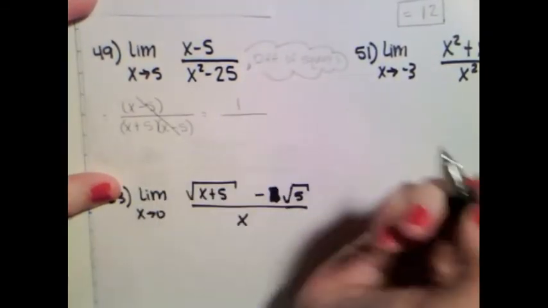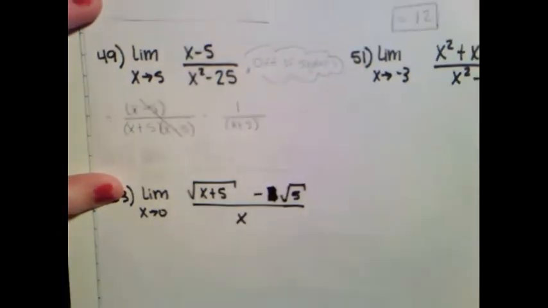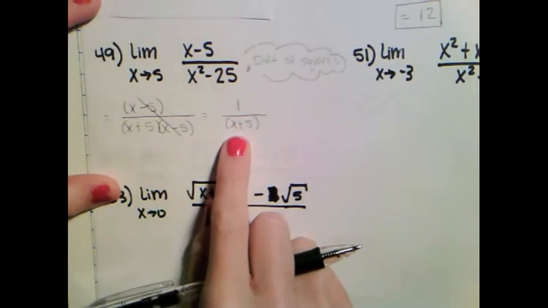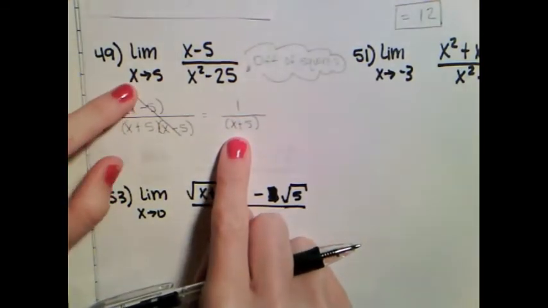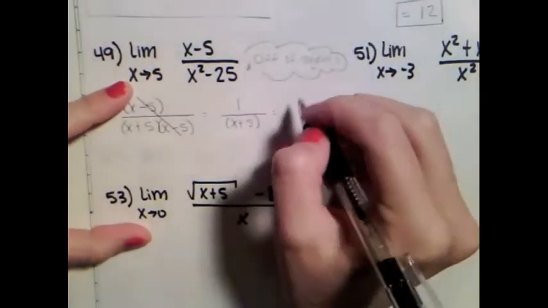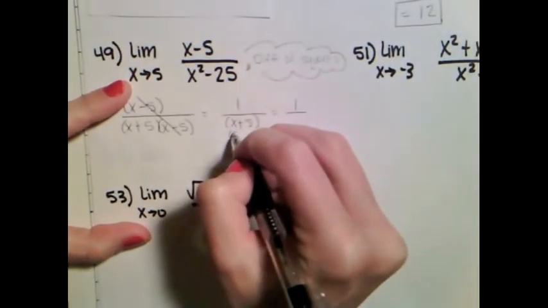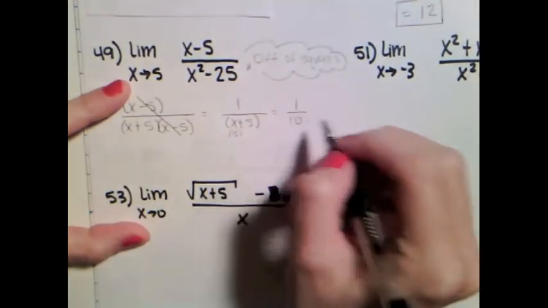I rewrite this, I've got 1 over x plus 5. And I can take the limit of this as x approaches 5 by substitution. And that gives me 1 over 5 plus 5, which is 10.